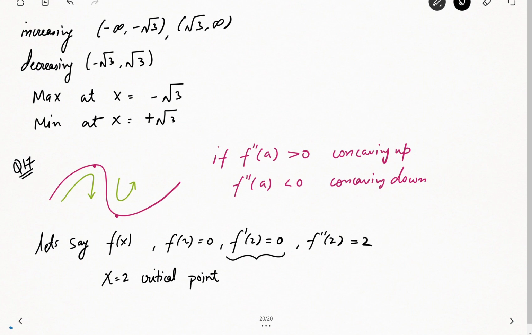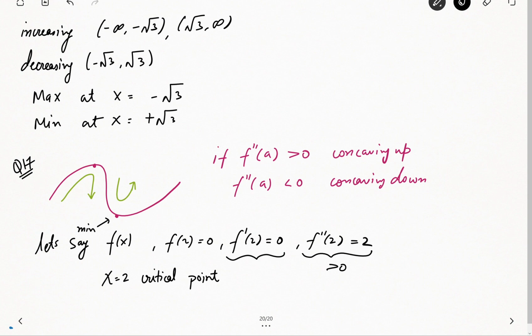Now, because it's a critical point, we have to be able to classify it using the double derivative test. We know if the function's double derivative at that value is greater than 0, we have a concaving up function. For concaving up, as we saw from the graph, we'll have a minimum here, right?